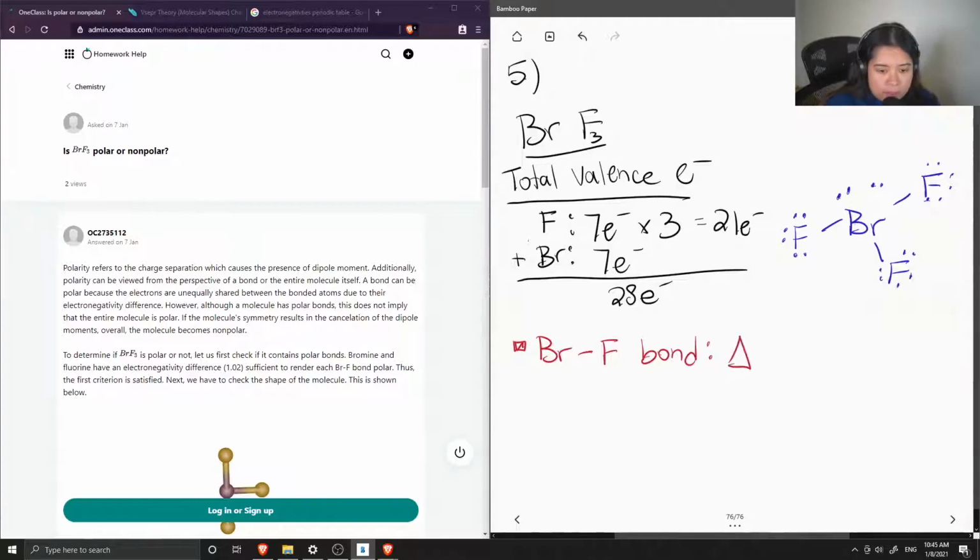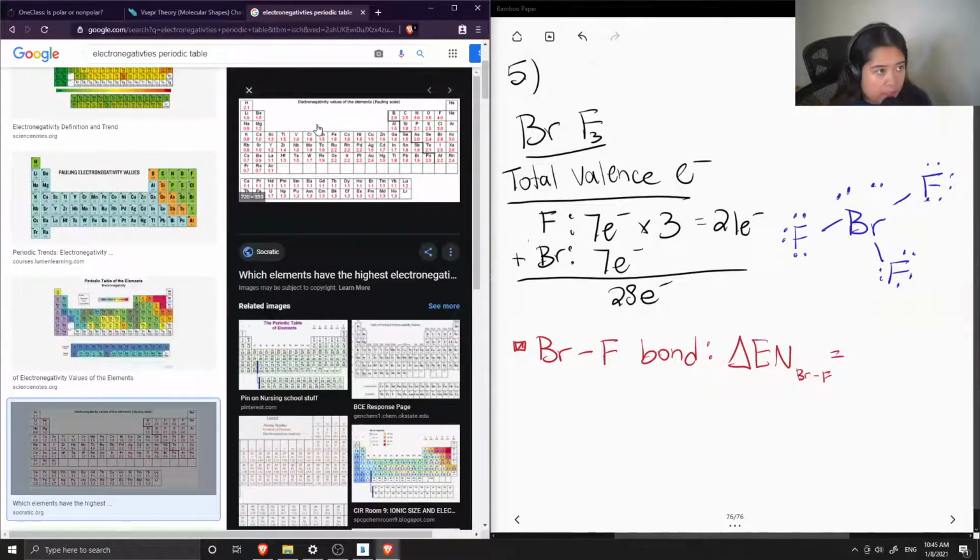So let's calculate the electronegativity difference of bromine and fluorine. Let's find their values on this electronegativity periodic table. So bromine is 2.8, fluorine is 4.